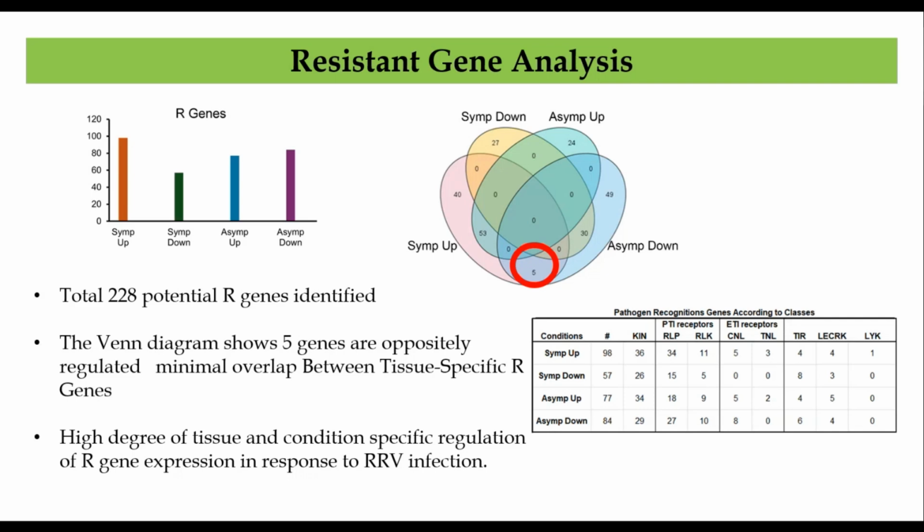This bar chart shows the distribution of these resistance genes across 4 conditions. You can see the majority of them fall in symptomatic upregulation and so on. This table over here shows the categories of those resistance genes and how they are distributed among the 4 conditions.